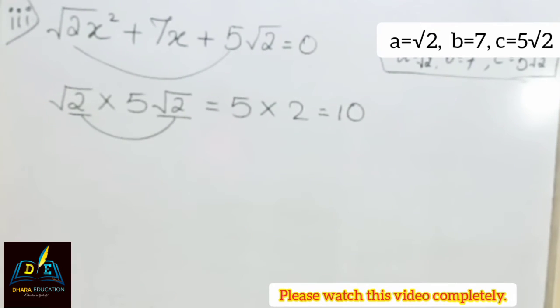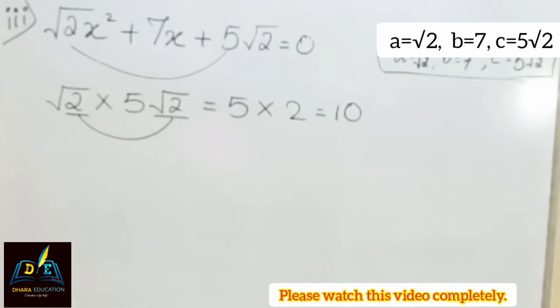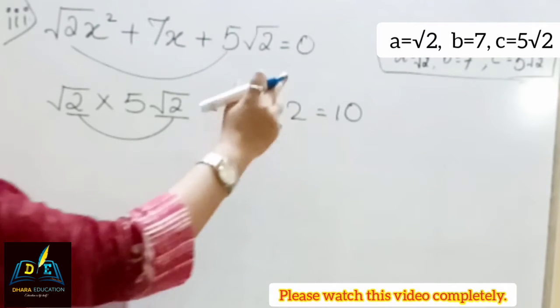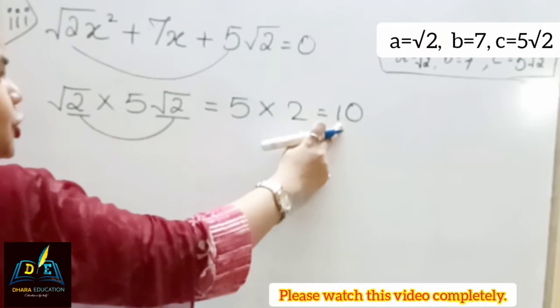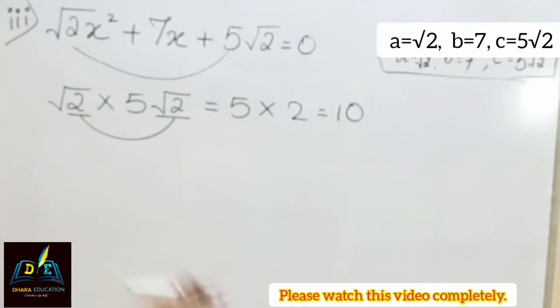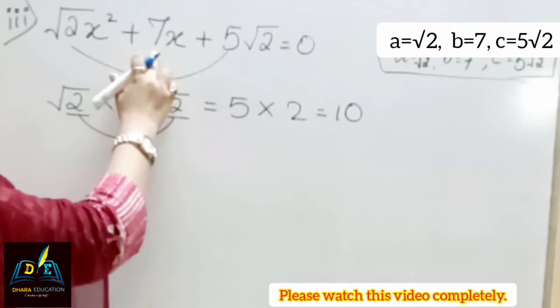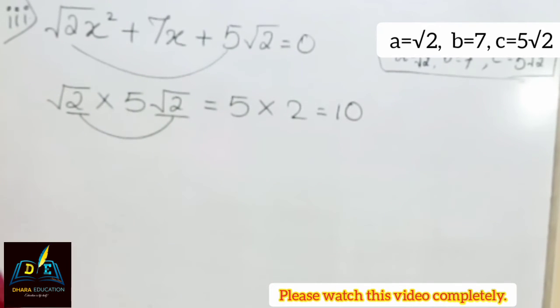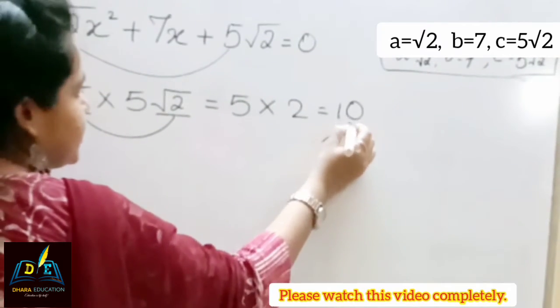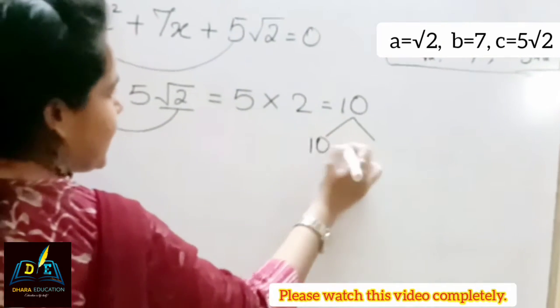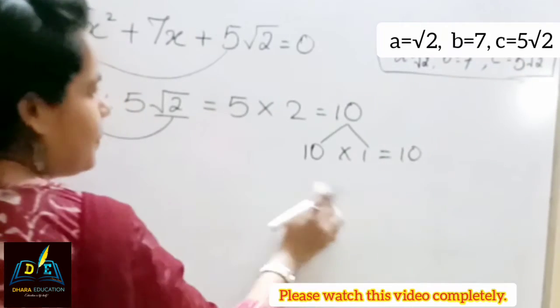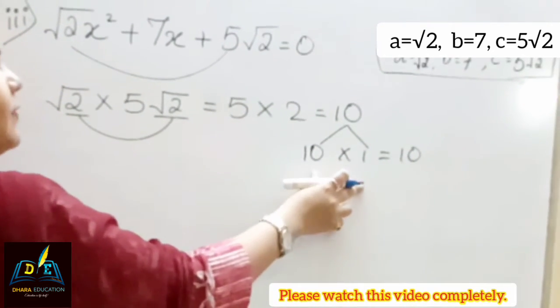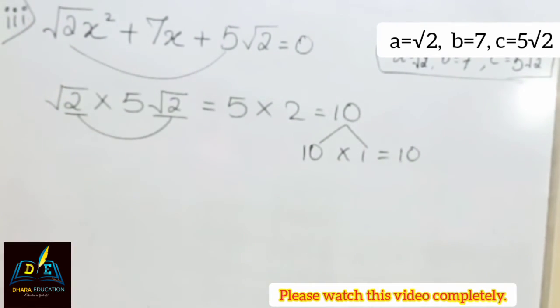But you need to keep in mind that 10 should be split in such a way that the middle term 7 comes. There is a possibility of 10 multiplied by 1 equal to 10, but by adding or subtracting we will never get plus 7. So this possibility is wrong.